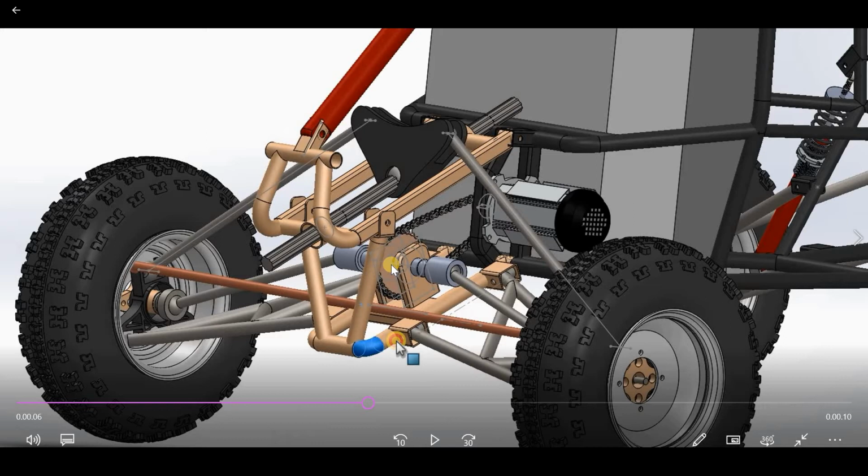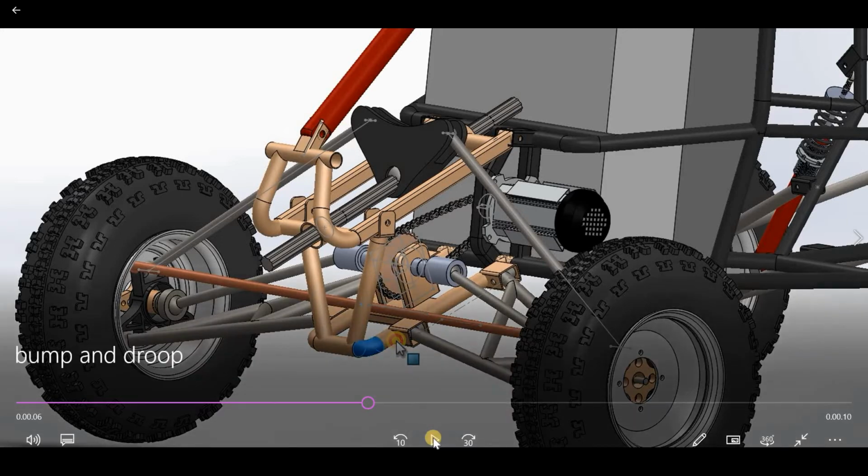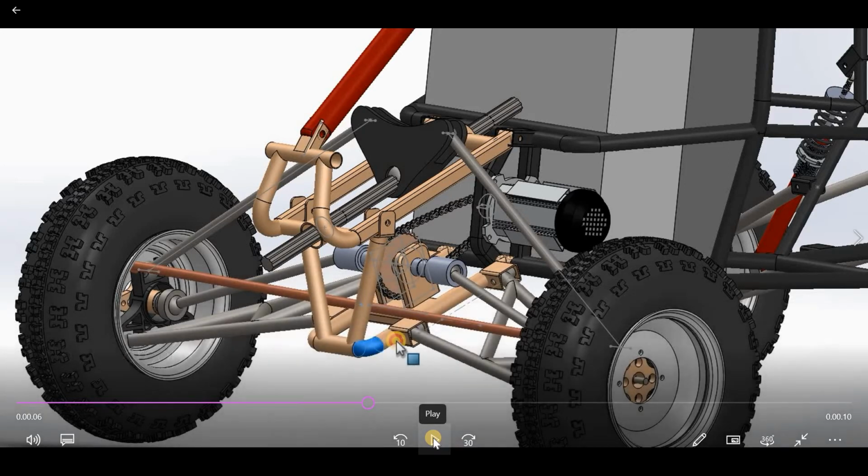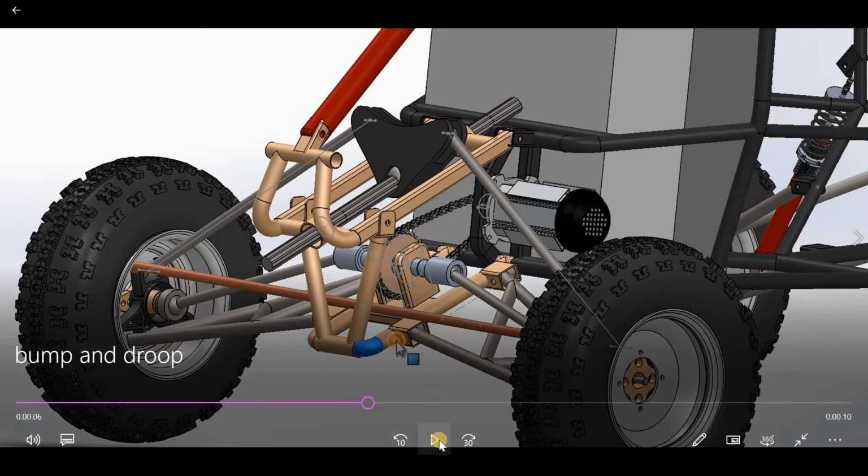If we compare it to a bike, bike tires are mounted on trailing arm suspension, and the sprocket is connected via chain. Also, a gearbox is there in the bike, but the final drive is through the chain sprocket.